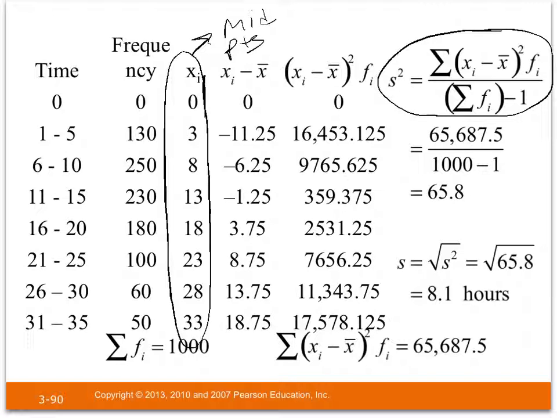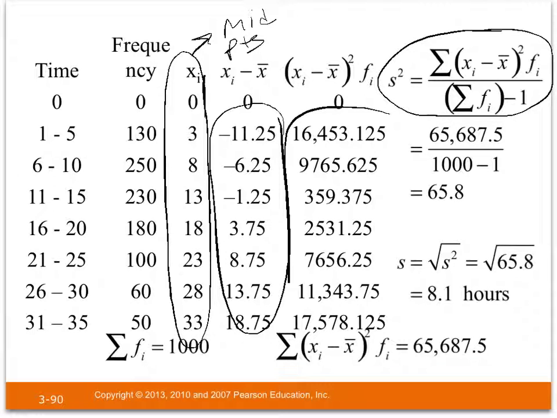And then what we're going to do is square that and multiply it by the frequency. So we subtract x sub i and x bar, then we square it and multiply it by the frequency in this column. And then we add all those up, and that goes on top.